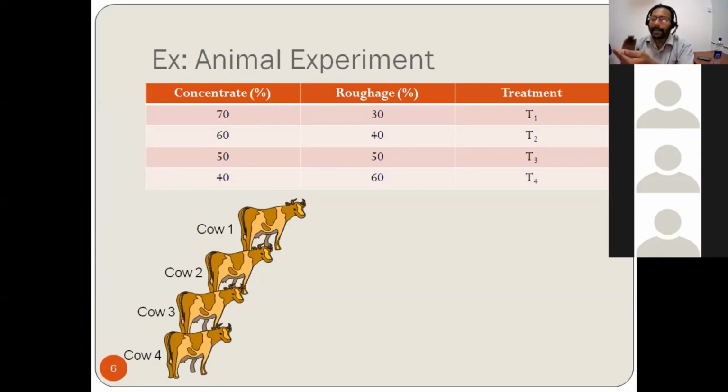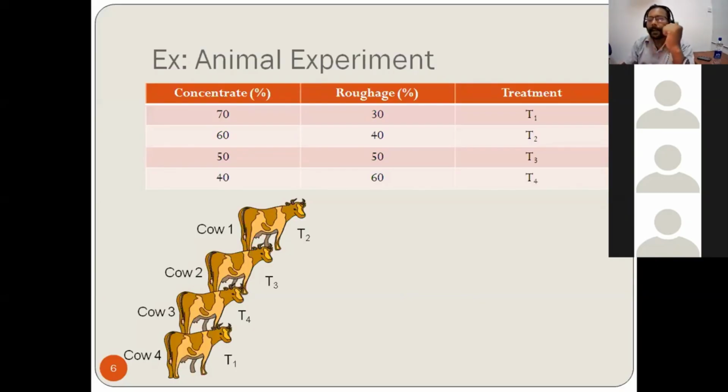So that means I am giving the first treatment to cow 4, because I am not allocating the treatment by looking at them visually. I am allocating the treatment randomly, right? Similarly, the second time I take the piece of paper which says cow 1, so I am applying the treatment to cow 1. Likewise, we can allocate all the treatments.